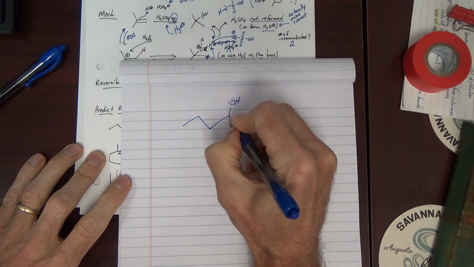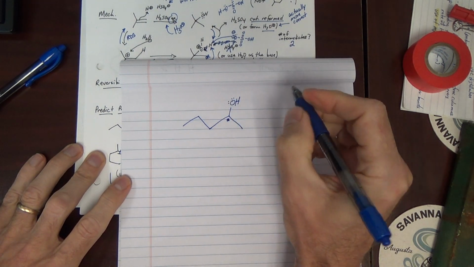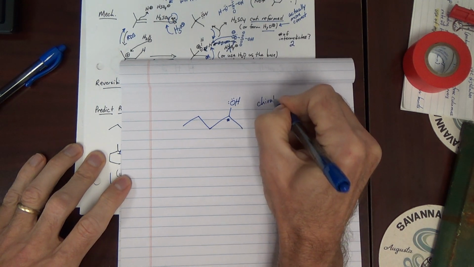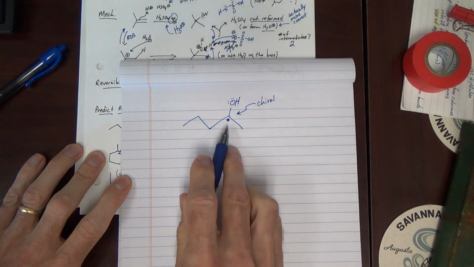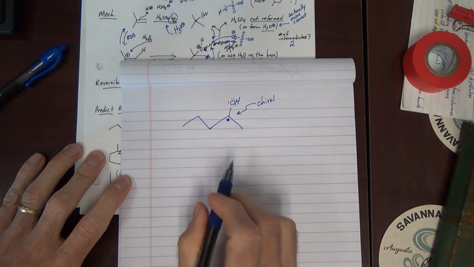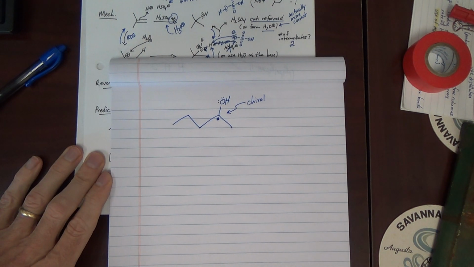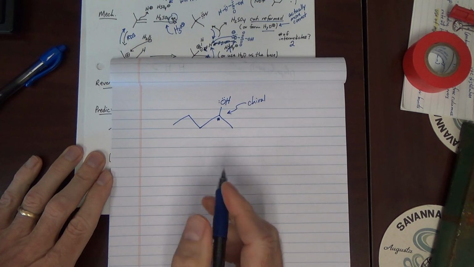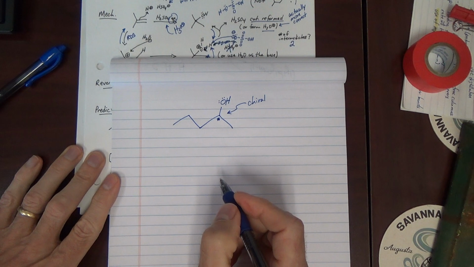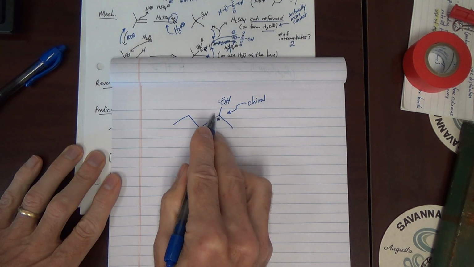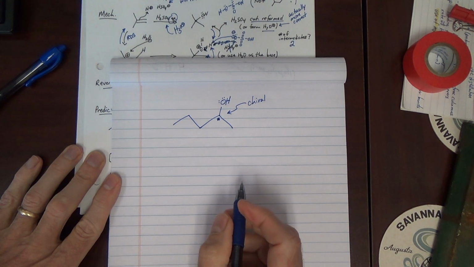Now we'll learn that this is a chiral carbon, okay? Chiral. Usually indicated by a star here. We'll learn what that means, but essentially for now, we can have two forms here.